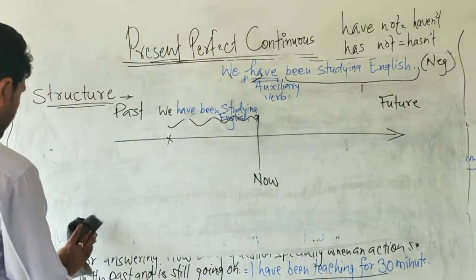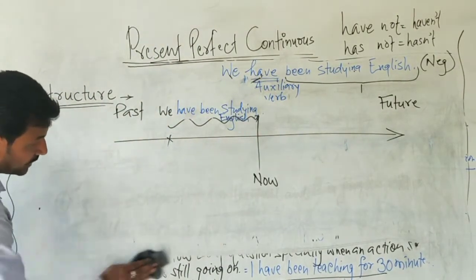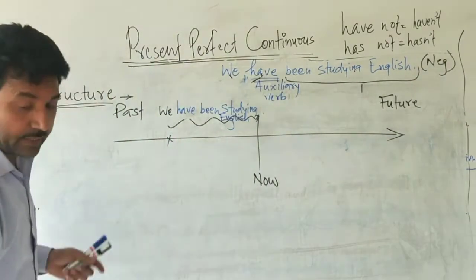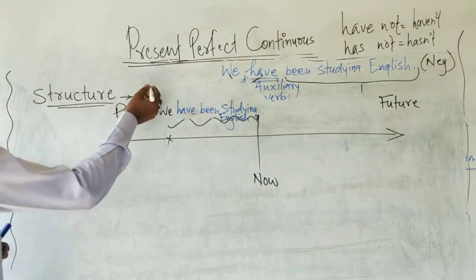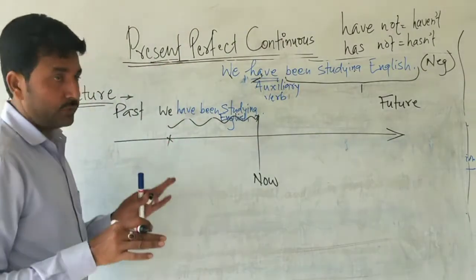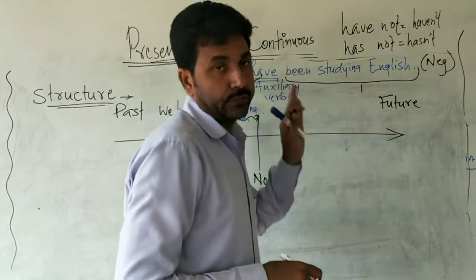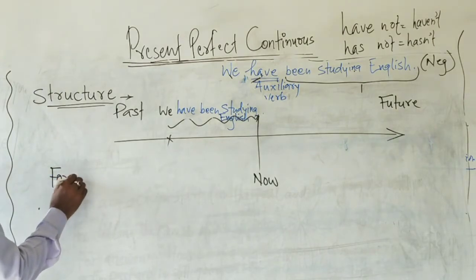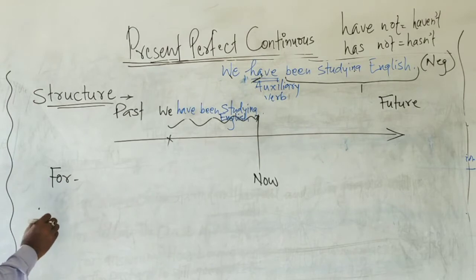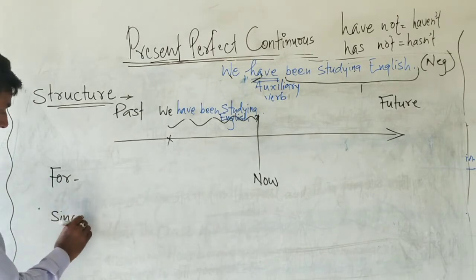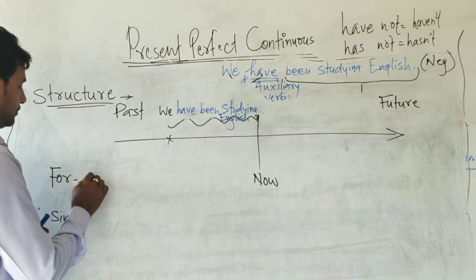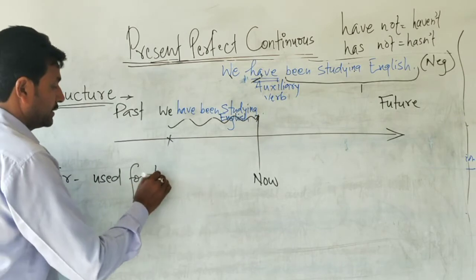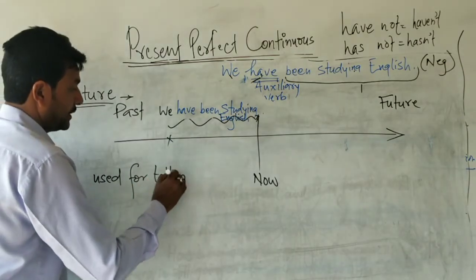So we will see again some uses of for and since. For and since are most commonly used in present perfect continuous tense. For is used for telling a period of time.